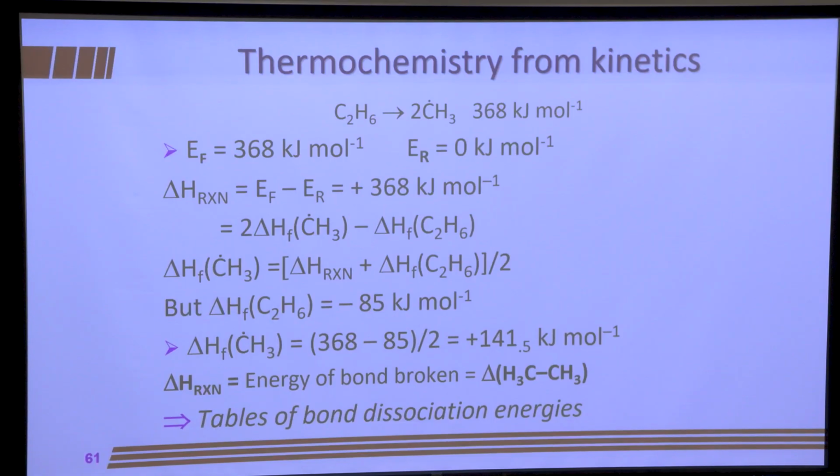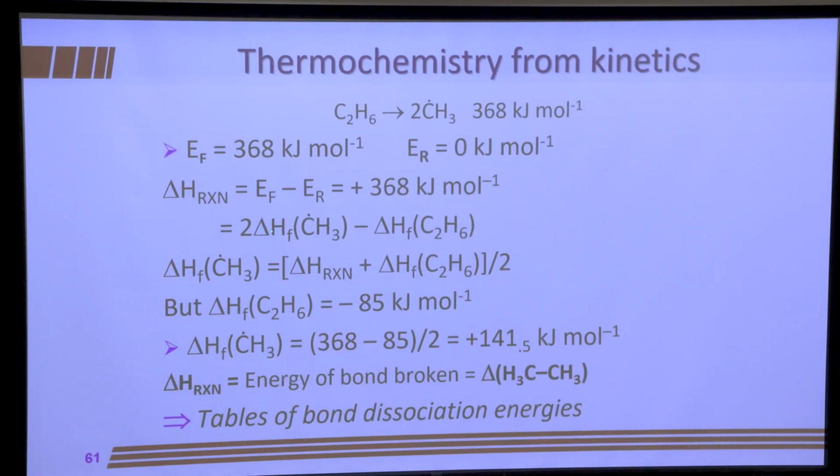So if that's the case, then we have delta H reaction is equal to E forward minus E reverse. But what is the reaction? It's breaking the CC bond. So the bond dissociation energy in ethane is 368 kilojoules per mole. That's the BDE. Anyway, we now have the delta H reaction is equal to, but what is the heat of reaction?